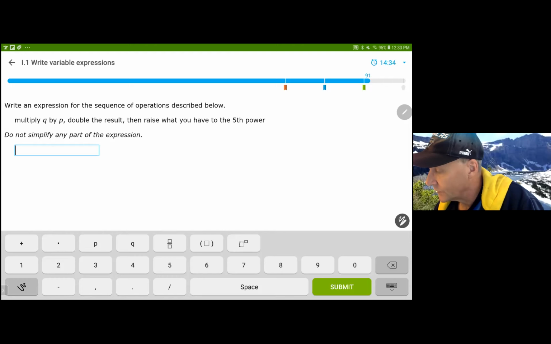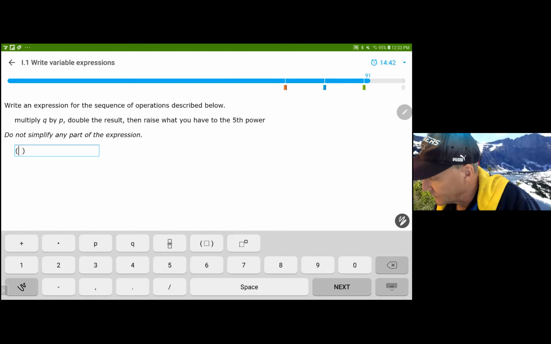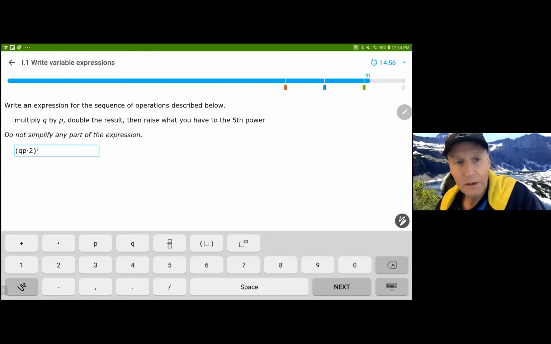When you do this and you raise it to a power, you have to put everything inside parentheses. It says multiply Q times P, then double the result, and then raise the entire amount to a power, to the fifth power. A very common mistake would be to do this.